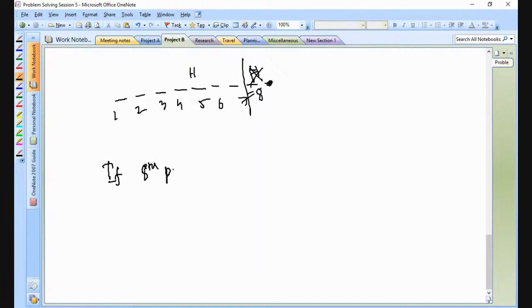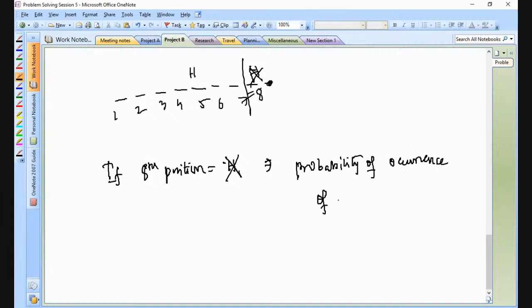If the 8th position is not heads, then the probability of occurrence of 3 consecutive heads till the 8th toss is equal to that of Q of 7, right?